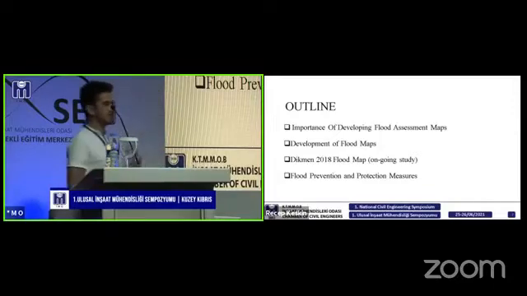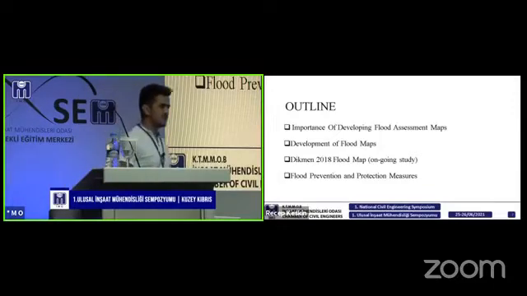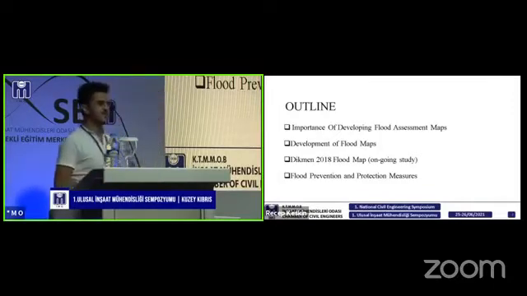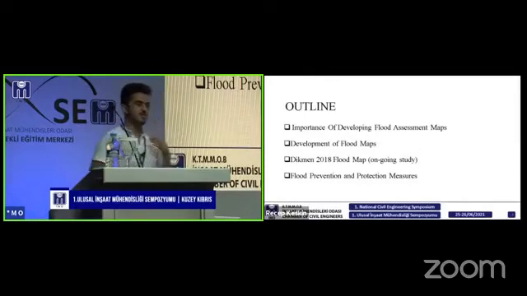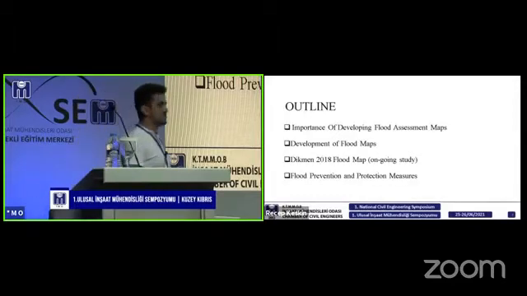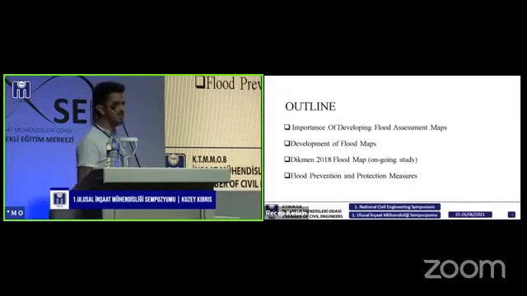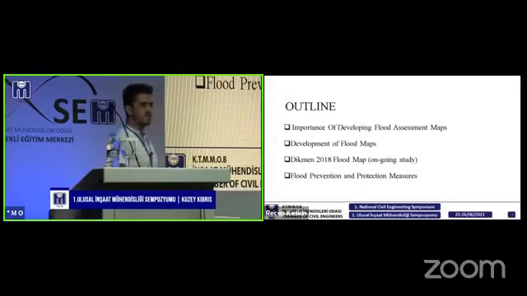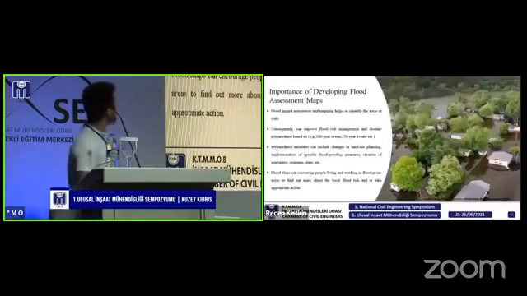We are working on the modeling of 2018 flood maps and seeing our coming different flood scenarios. And then I'll go briefly on what's possible and what things can be done to prevent or protect those areas that are possibly under the flood risk.